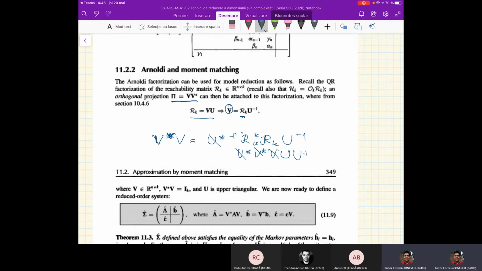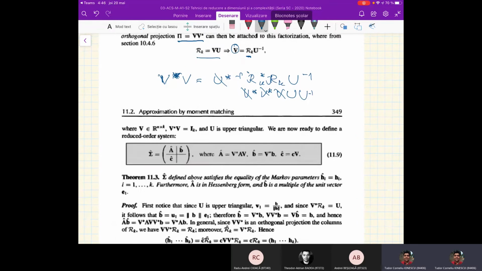All right. And we are now ready to define the reduced order model. And you get here the reduced order model, since V star V is the identity, like in this relation.